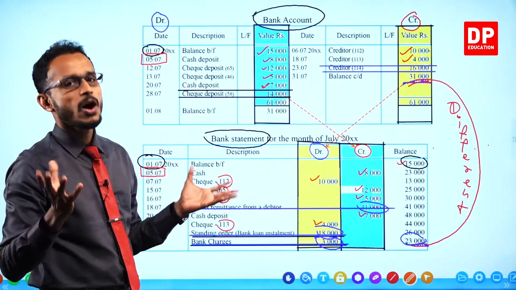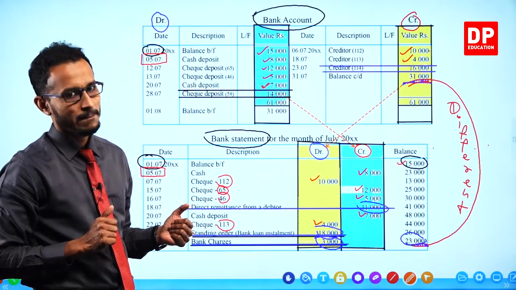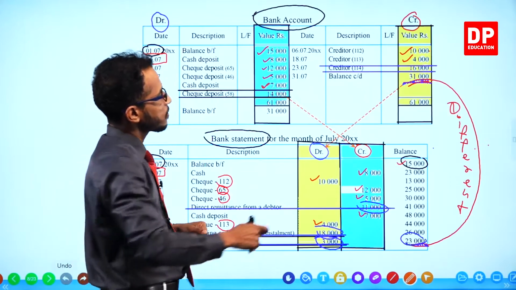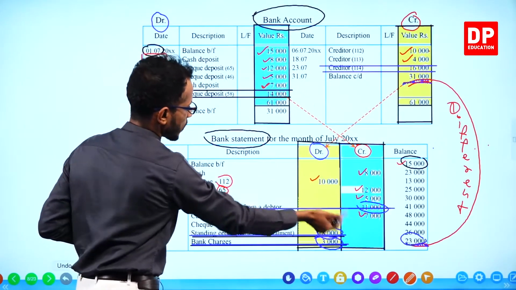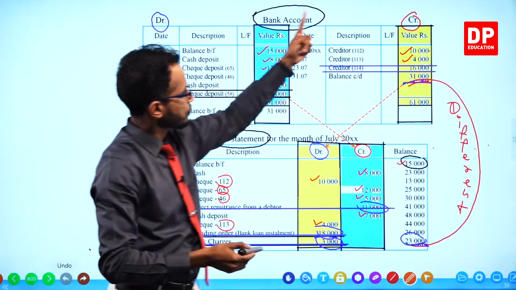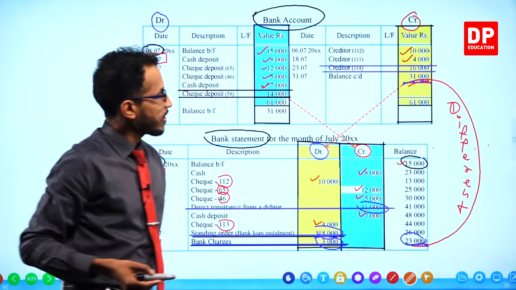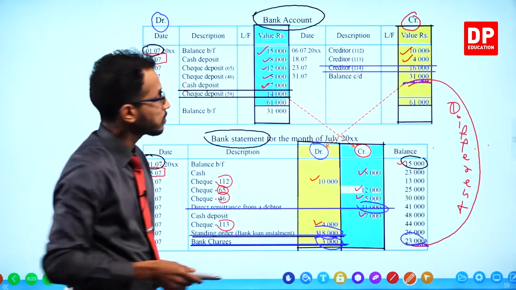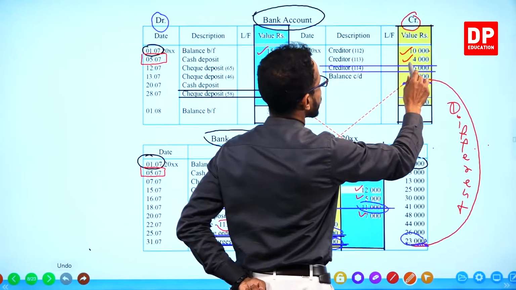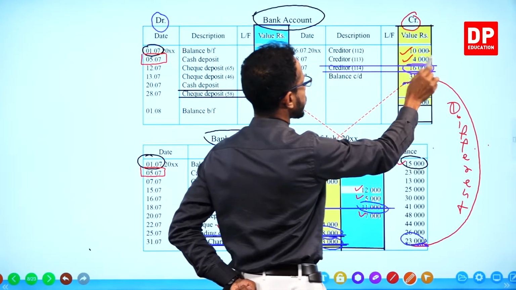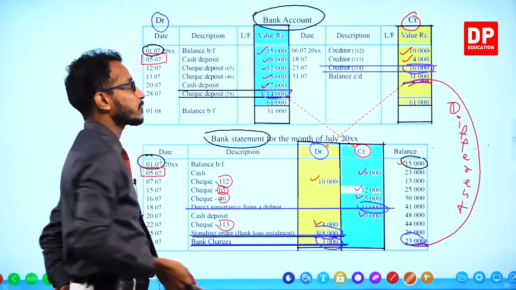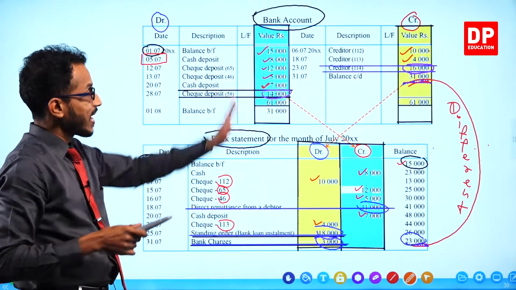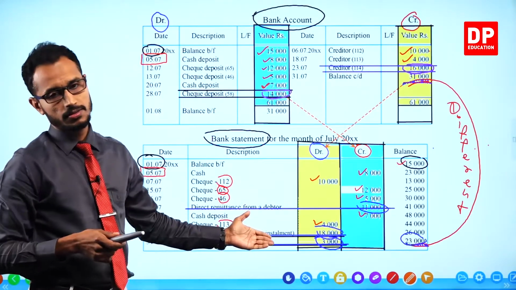That is how we found out the items which were missing. See, these items were already there in the bank statement, so we ticked them, and we traced out these items. One, two from the bank account. They are missing in the bank statement.